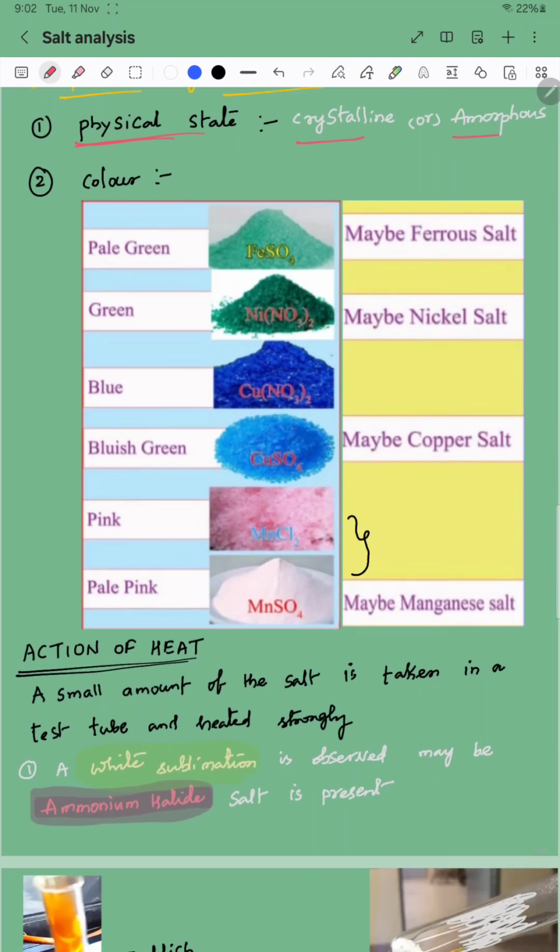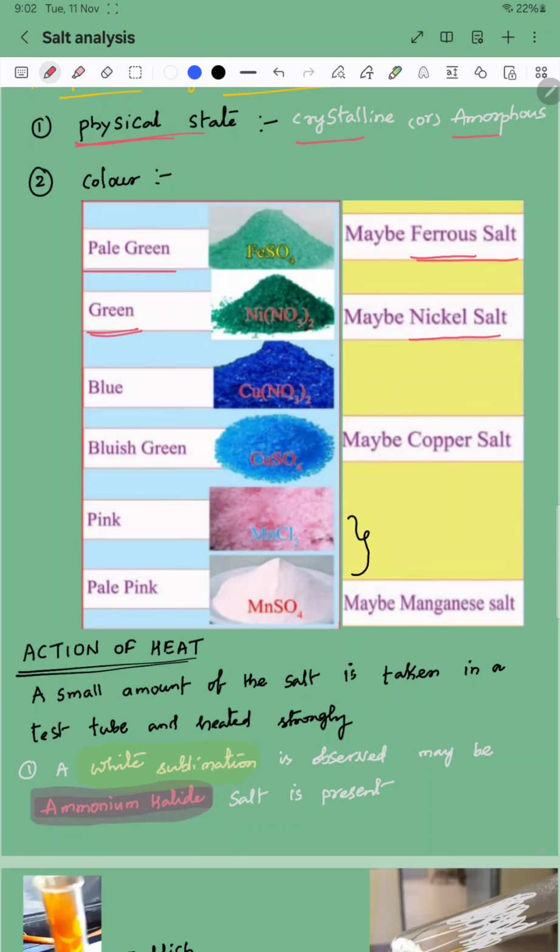Then by color, by seeing the color we can identify some types of cations. If it is pale green, maybe ferrous salt is present. If it is a dark green color, maybe nickel salts are present.